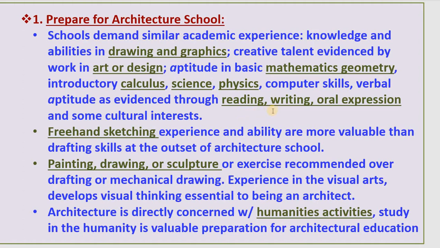Reading, writing, oral expression, or some cultural interest. Freehand sketching depends on the person, but if you have that, it supports the major. Painting, drawing, and sculpture: if you know something about them, it helps you learn architecture.